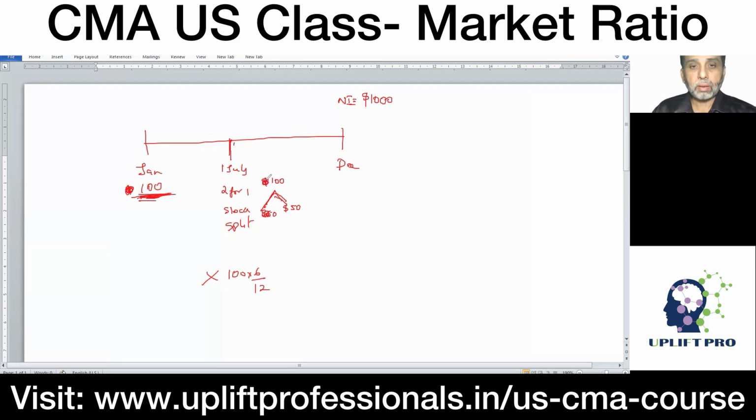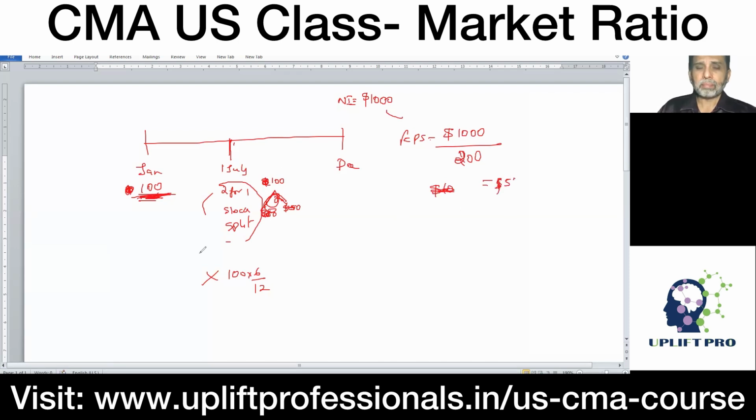So the EPS is going to be $1,000, even though the split happened here and 100 more shares were added. We will take it as if it was done right from the beginning because there were no resources coming in. So it will be 1,000 divided by 200. Your EPS is going to be $5.